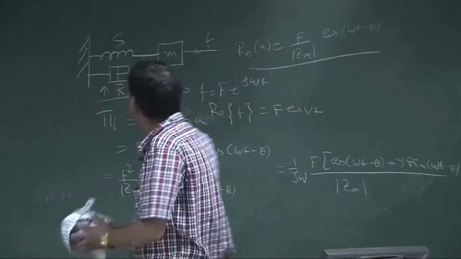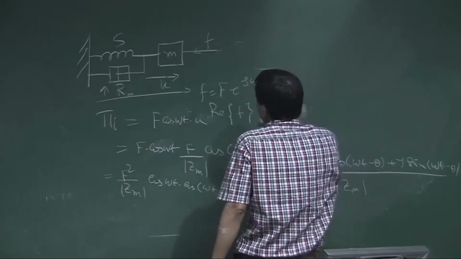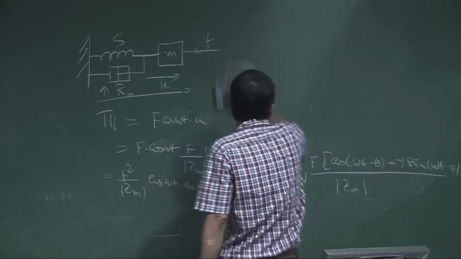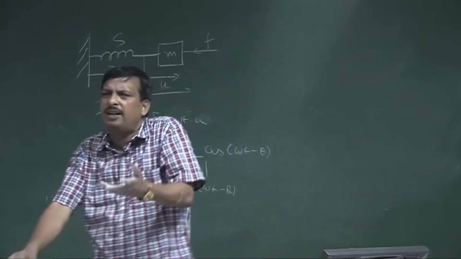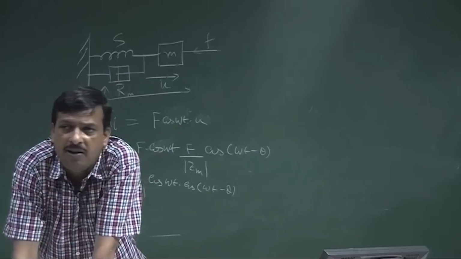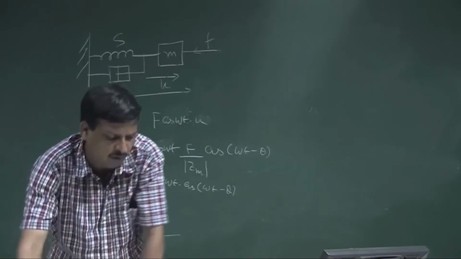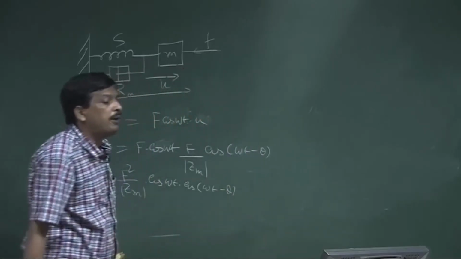Now, in real life applications, we do not talk about the instantaneous power, because I do not know at which time it is measured. So, we use a term called average power. Then what is the average power? How do you calculate the average power?